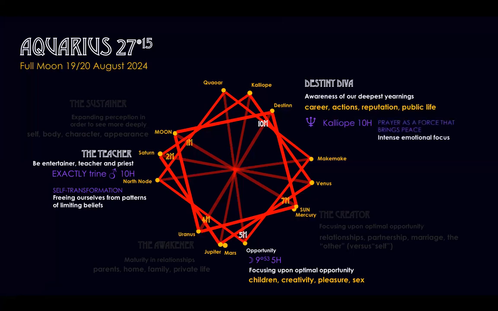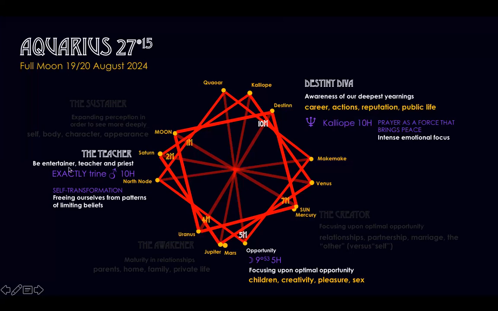And then Neptune and Calliope, because they're on the same degree, is prayer as a force that brings peace, which is intense emotional focus. Take a helicopter view and look at the whole picture. What is this message to me? It's about being a teacher, but that says entertainer, teacher, and priest.